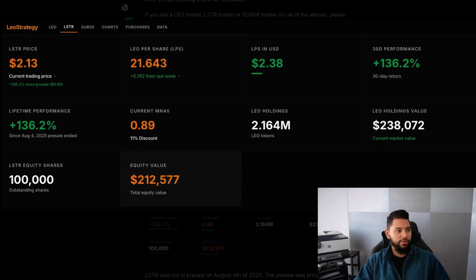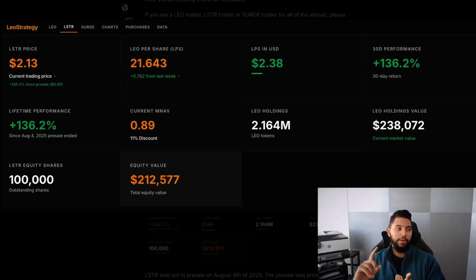In terms of LeoStrategy, that gives you $238,000. So now you have to add in the velocity of accumulation. You have to essentially speculate on the future growth of LeoStrategy. That's what people are doing with MicroStrategy. That's why you have a premium.